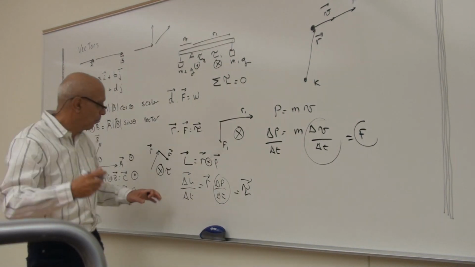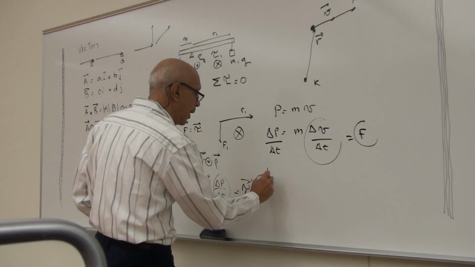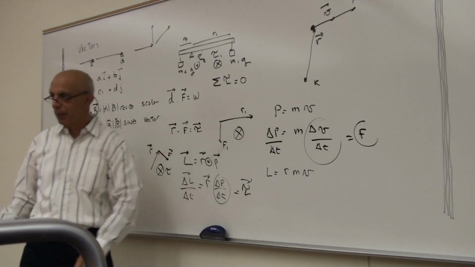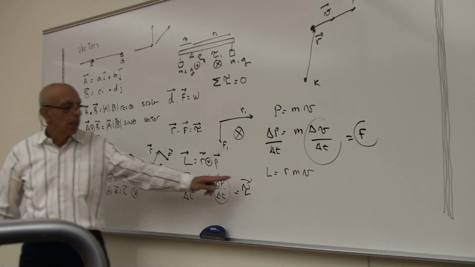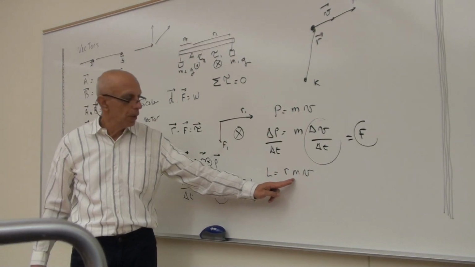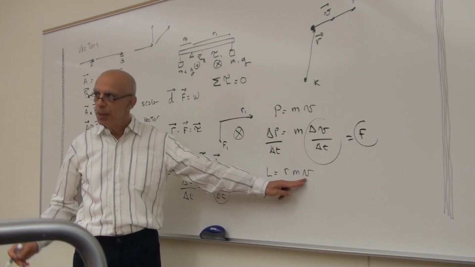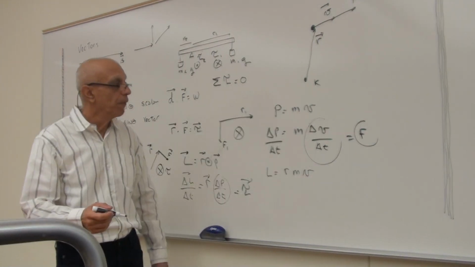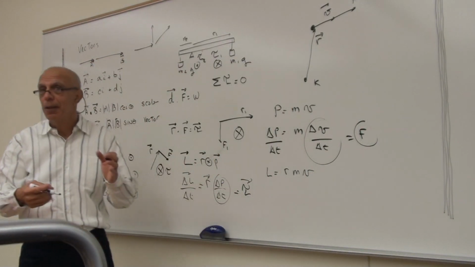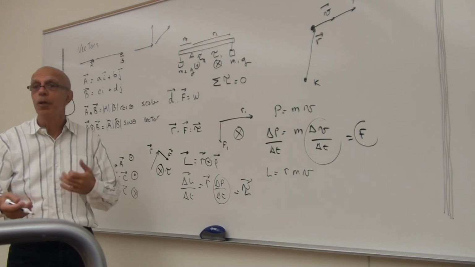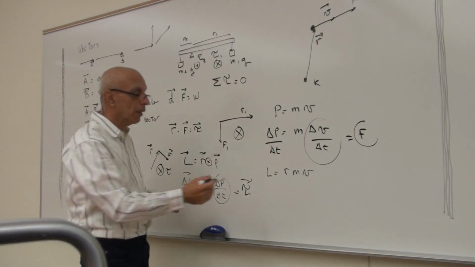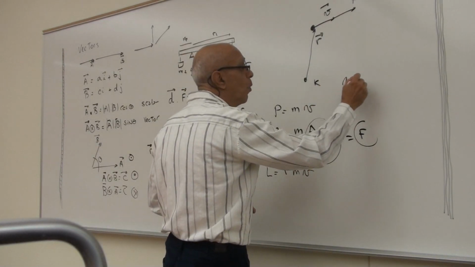So from here, we have L is R, M, V. You guys remember that, right? The angular momentum is R, the radius, M times V. But V, in terms of angular, if this is rotating, we have an angular speed. V is equal to what?